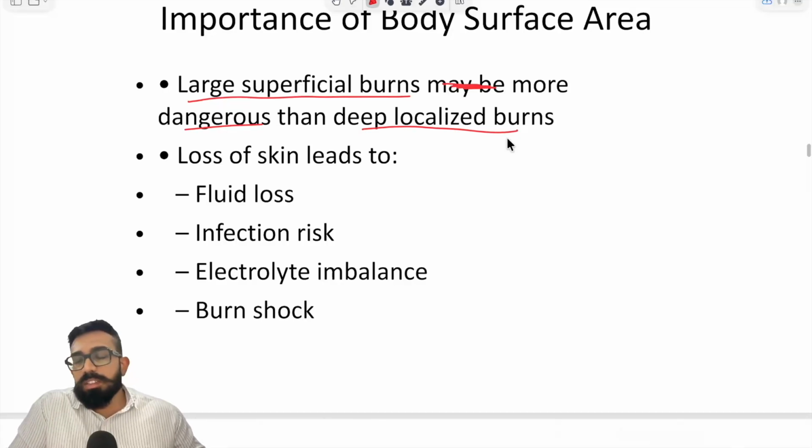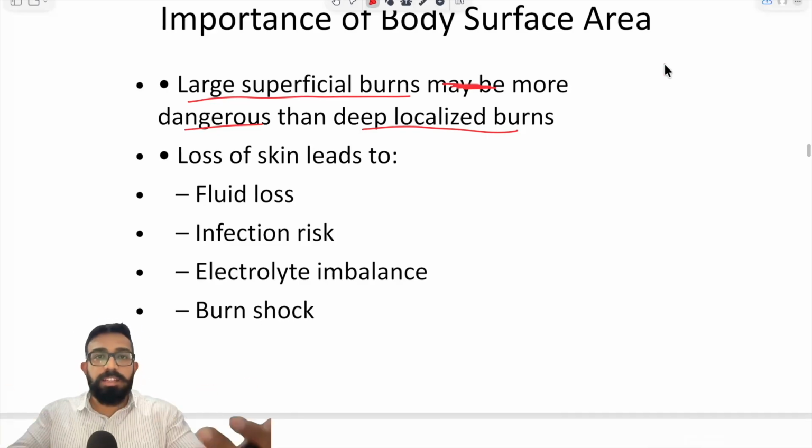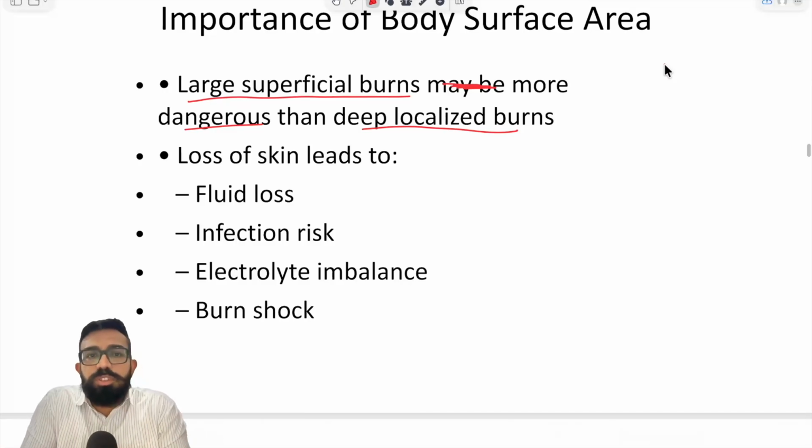So there is a person who has got deep burns in his hand or feet. Nowhere else has he got burns. There is another person who has burned his entire body. Burns are mostly superficial, but in some places they are superficial to moderate depth. The person who has burned his whole body, the prognosis is going to be much worse, with more body surface area involved.